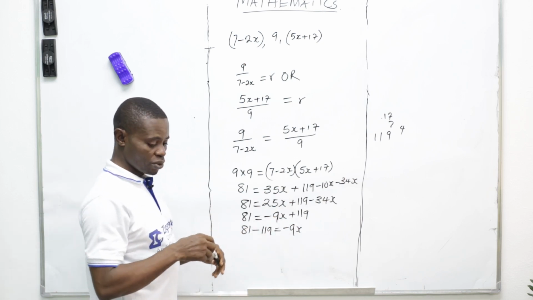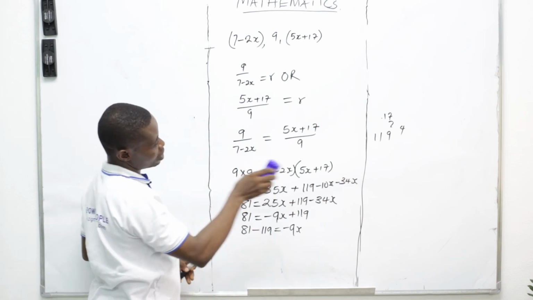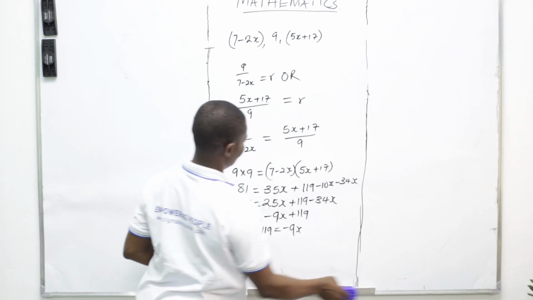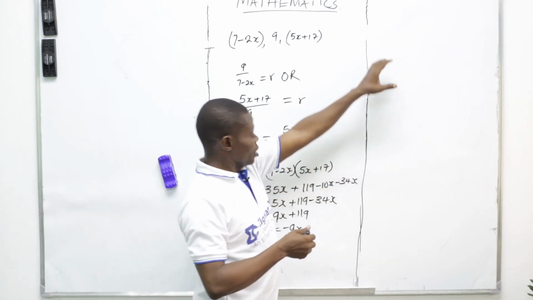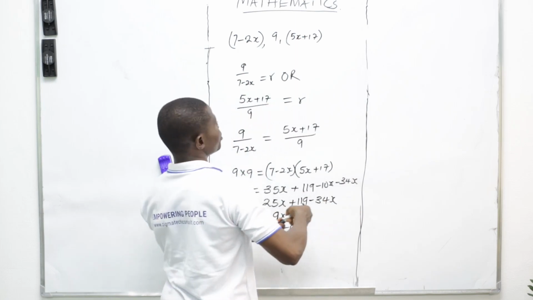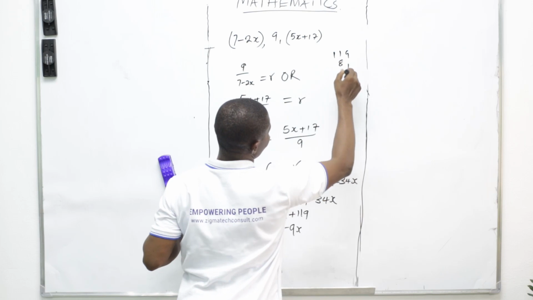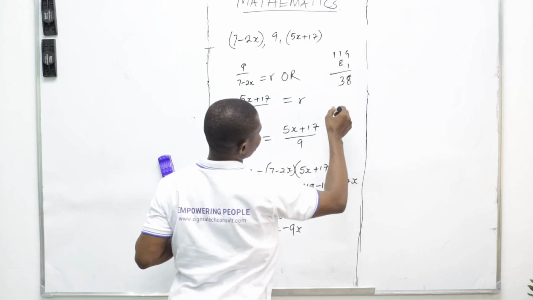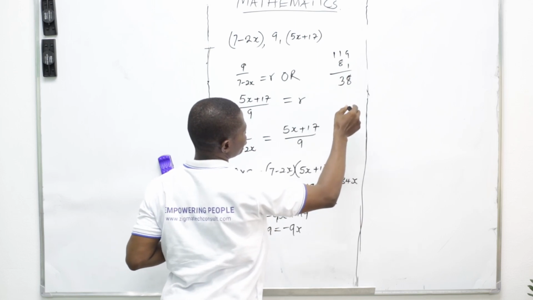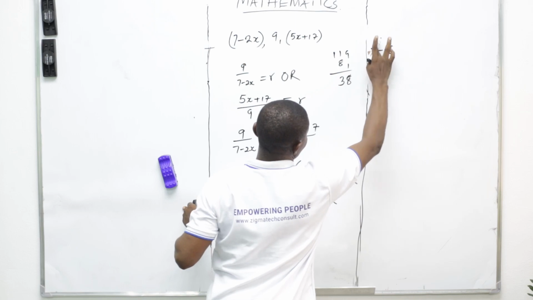Now, we are going to make x subject of the formula after subtraction, meaning here 81 minus 119 equals minus 38.